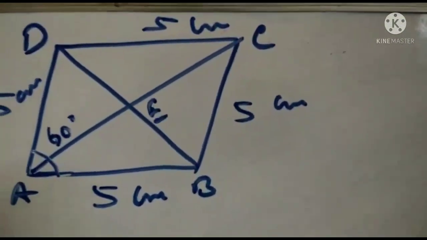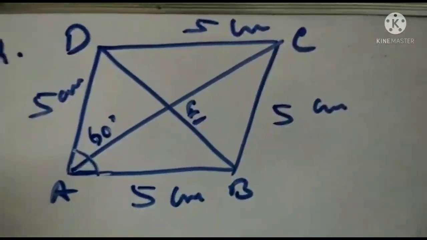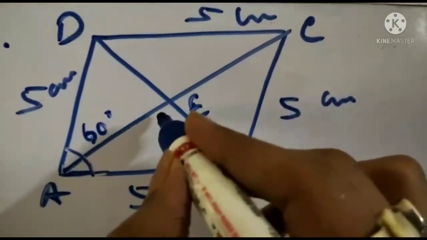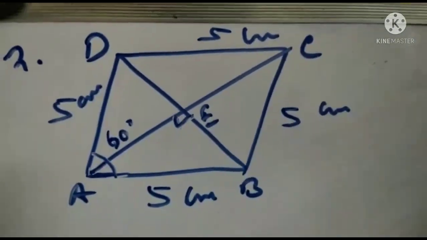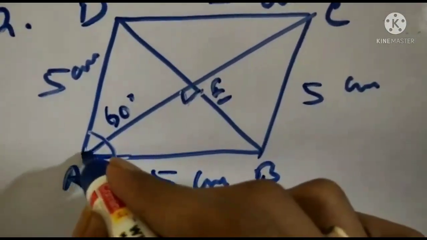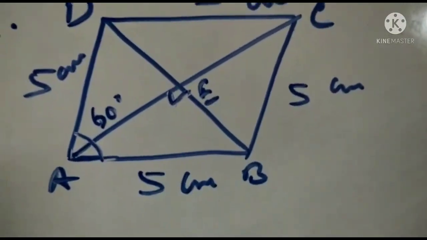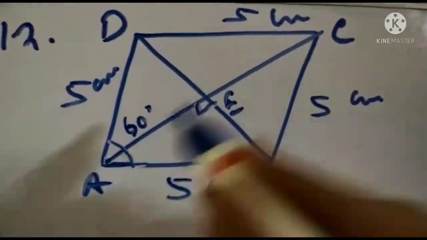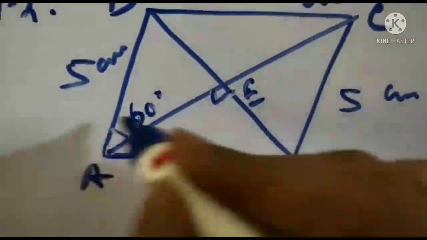Now see, here is a problem, that is angle A. That means this complete angle A is given 60 degree, but if I take this triangle, this is a 90 degree triangle, so we must know what this angle is. Angle DAB is given 60 degree, but we don't know what is angle BAE, this small angle, not the complete one.